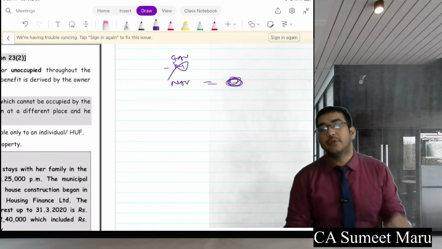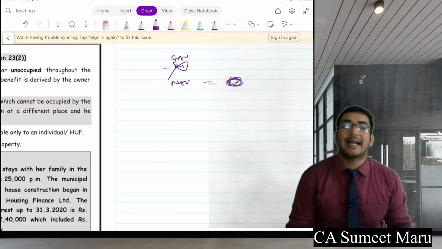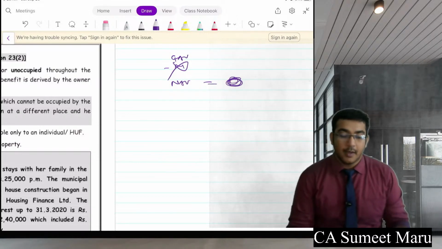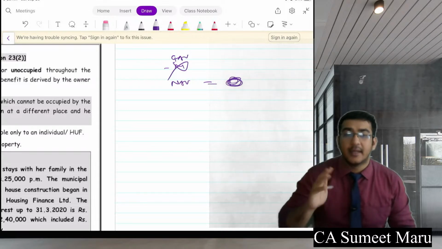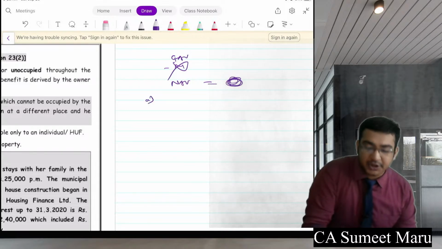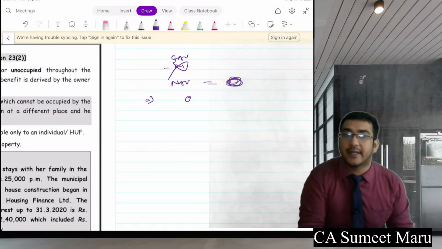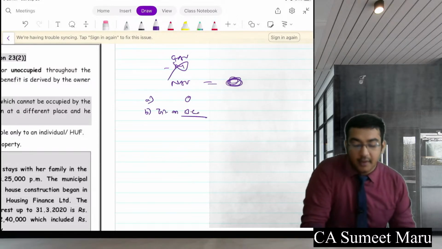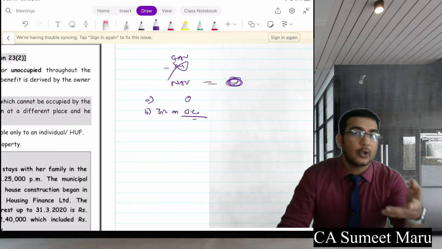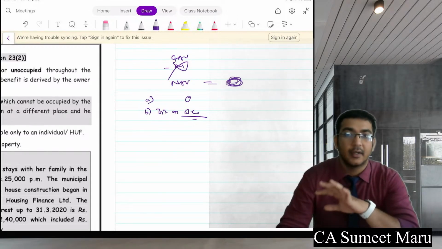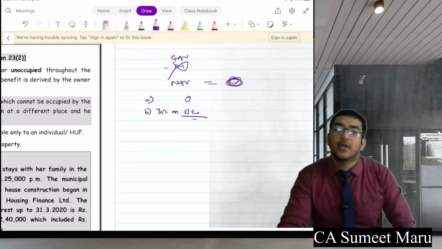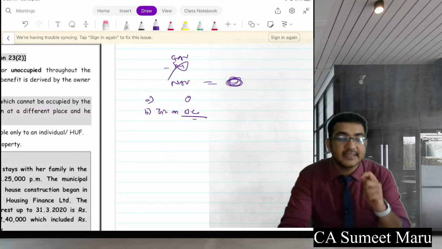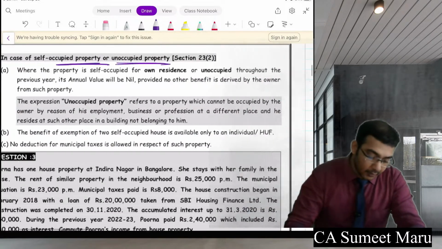So if you pay any municipal taxes for your self-occupied property, that is not allowed, because direct आपका NAV 0 है. NAV 0 है तो 24A का डिडक्शन क्या रहेगा, वो भी 0 ही रहेगा, 30% of NAV. B का डिडक्शन क्या रहेगा, interest on borrowed capital, which has a limit of 30,000 or 2 lakh as per the case. Everyone clear? So this is how you are going to calculate your income from a self-occupied house.